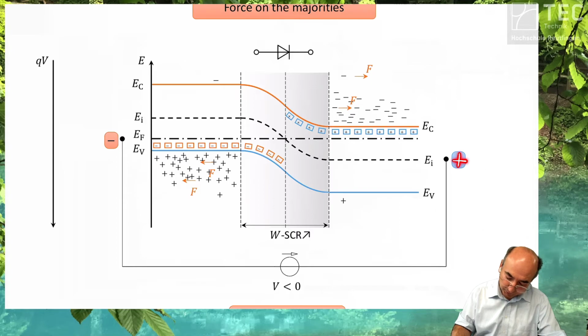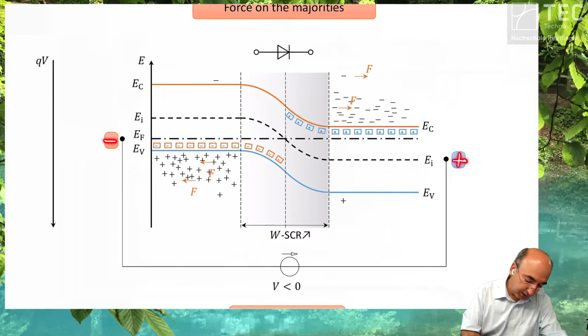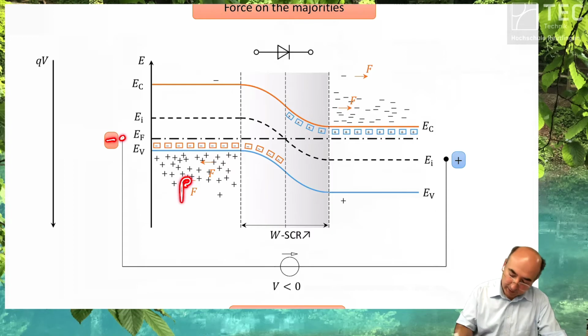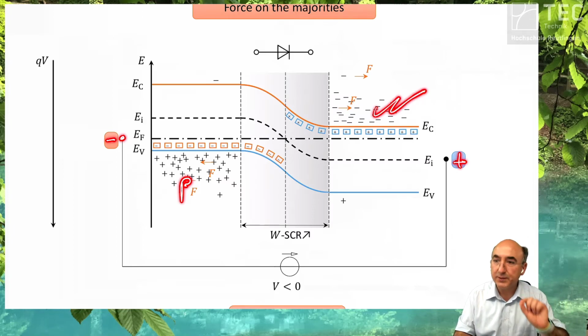If you apply a positive voltage at the right hand side and the negative voltage to the left hand side, so negative pole to the P zone and the positive pole to the N zone, your diode is reverse biased.